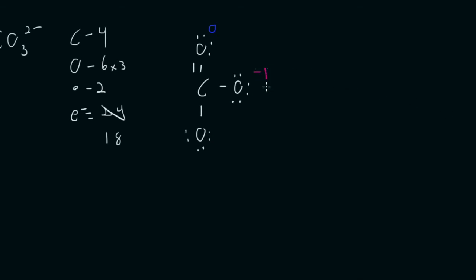These oxygens here are each going to have a -1 formal charge. And this carbon, let's look at that carbon. Well, it normally has 4 valence electrons, right? Minus 0 unbonded plus 4 bonds. So it's going to have a formal charge of 0. Great. So the only things with charge here are the oxygens.